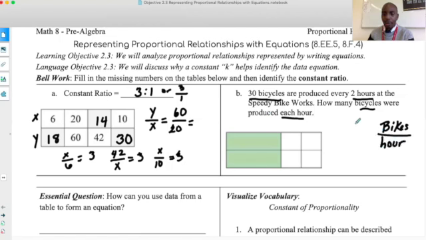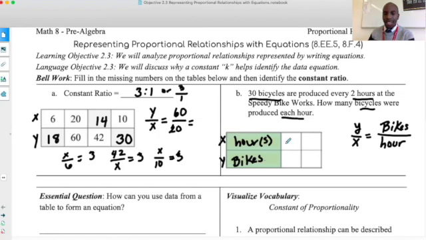And remember, our constant ratio here is y over x, which tells us that bikes is going to be our y value, whereas hours is going to be our x value. Once again, our x is always the first row. Our y's are always the second row.